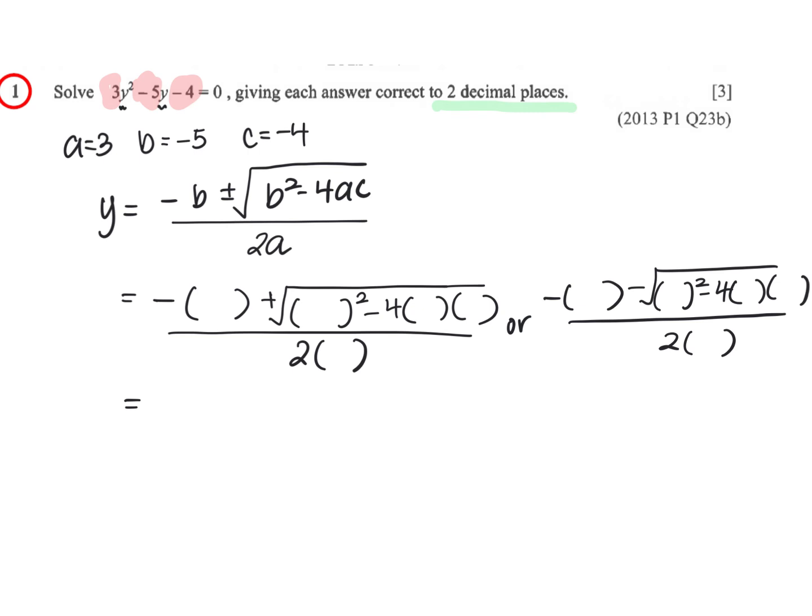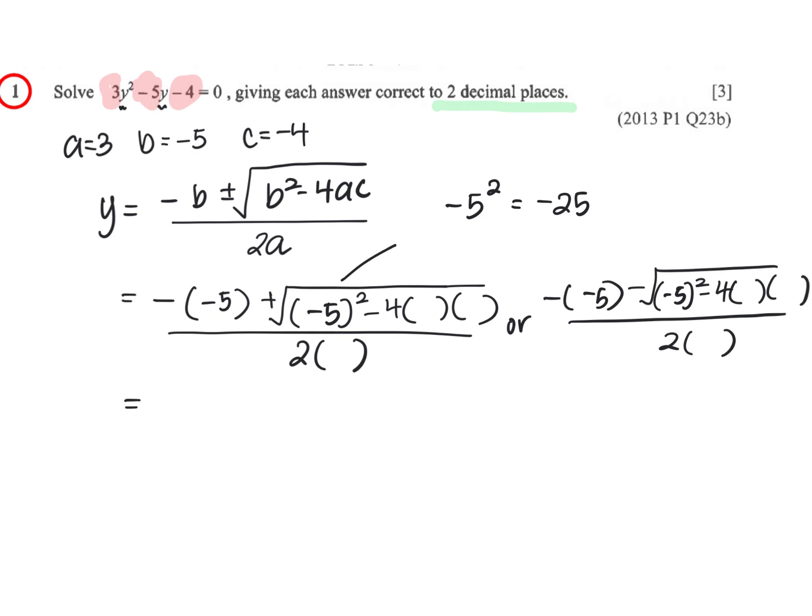Now, b is -5. Some students who do not like to put brackets might get into a little bit of trouble here, because it's minus -5. If you key it wrongly, you will not be able to get your answer. And this is also negative b, right? Now something to take note of: inside your calculator, if you key -5 whole thing squared, the calculator will not process the square for the negative sign.